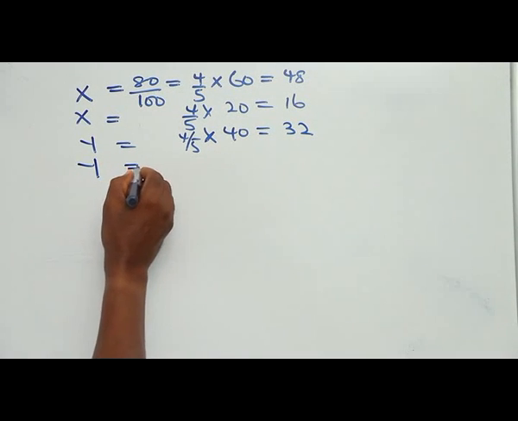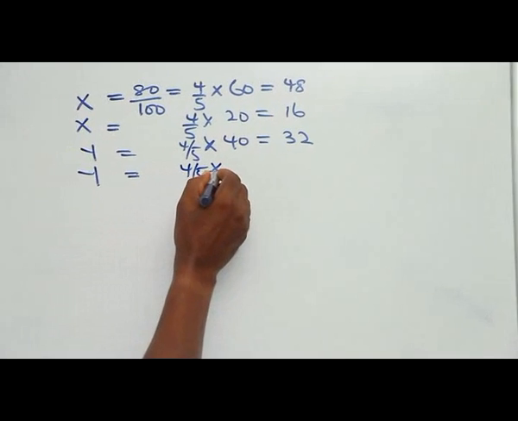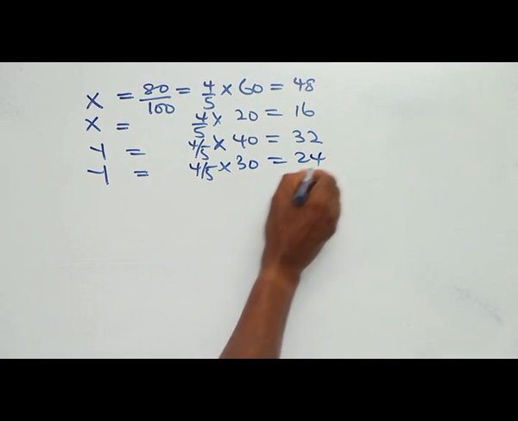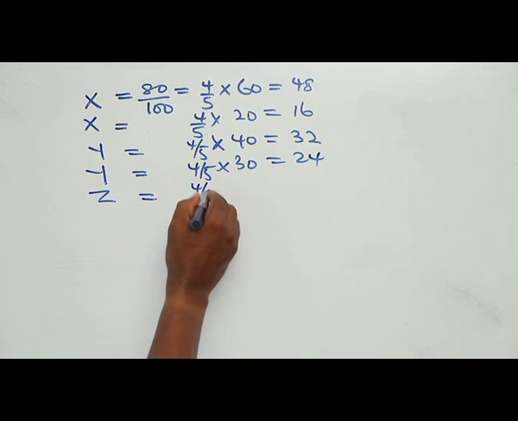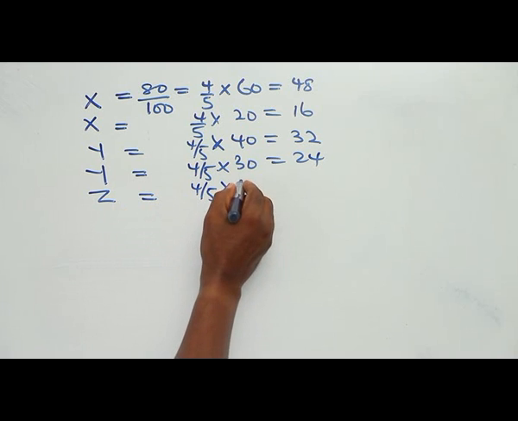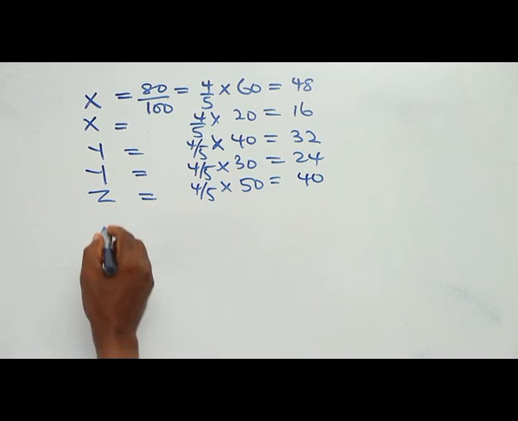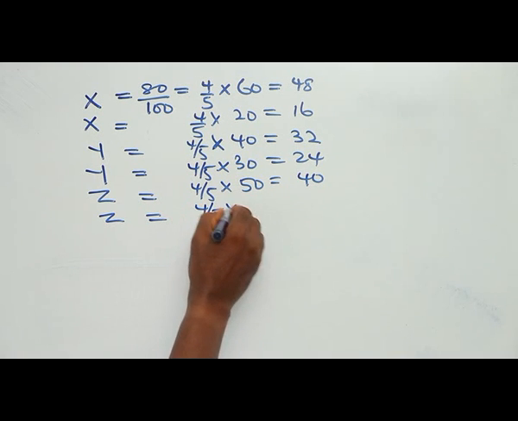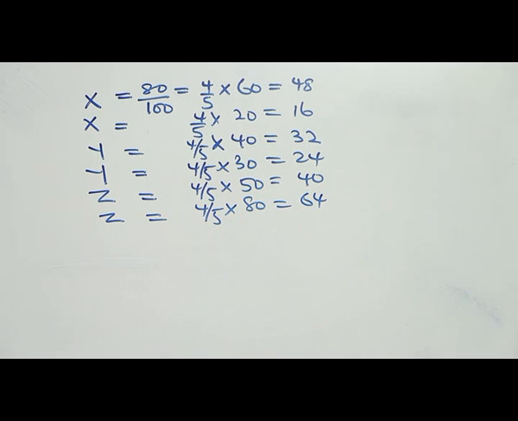The second element for Y is the same 4 over 5 multiplying 30, and that is equal to 24. For Z, we have 4 over 5 of 50, and that is equal to 40. The second element of Z is the same 4 over 5 times 80, and that is equal to 64.